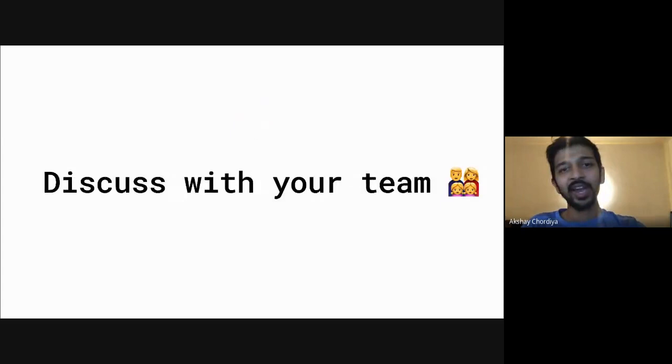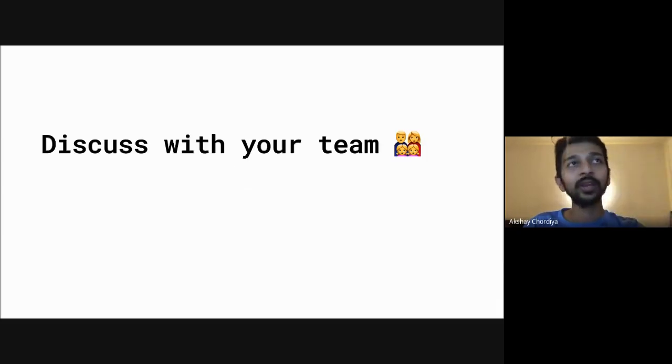So the first order of business is to discuss with your team and try to figure out what alternatives to pick that works for your team and your use case that you're trying to solve. I would recommend doing something as follows to get started and decide what tools suit the best for your code base.